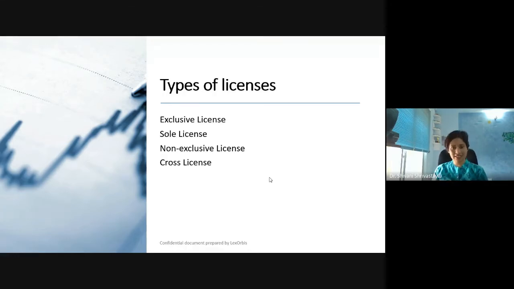So in this case, both parties own IPR of interest to each other and have legal rights to prohibit others from using it, then each party may allow the other party to use and exploit its intellectual property through cross licensing of IPR.